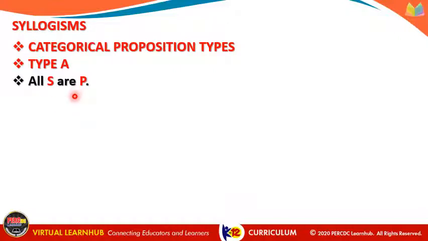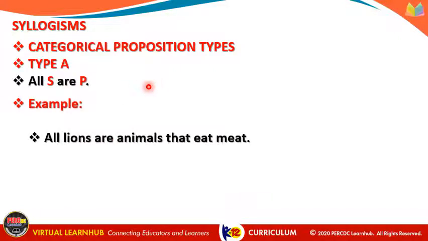Again, type A follows the format all S are P. Let's have an example. We have this one. All lions are animals that eat meat. In this proposition, the subject is lions and the predicate is animals that eat meat.